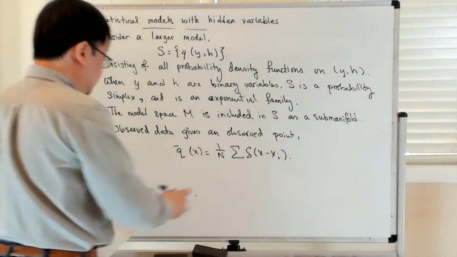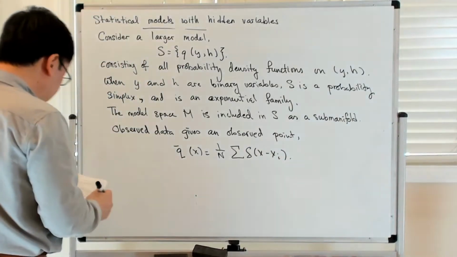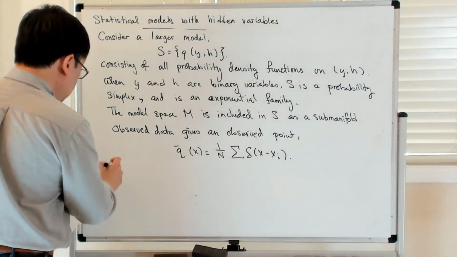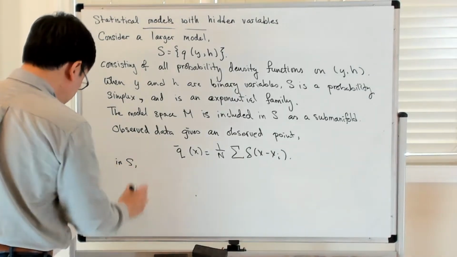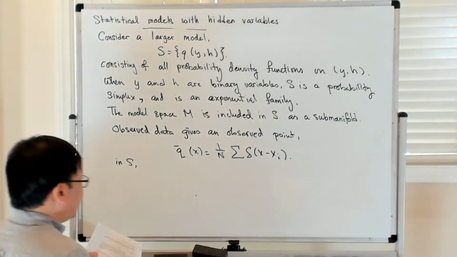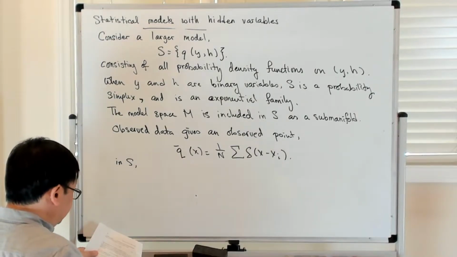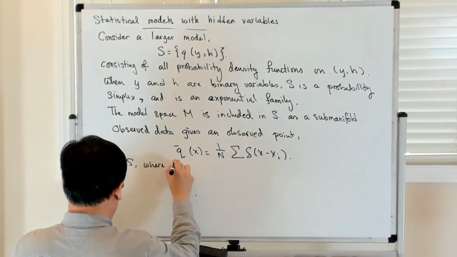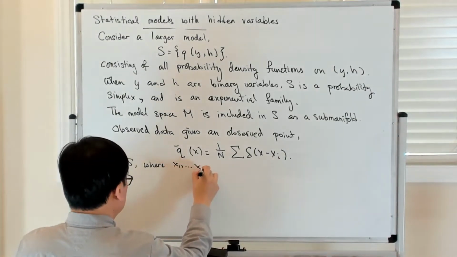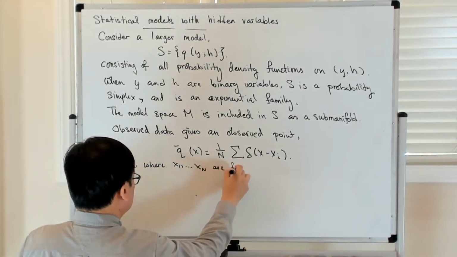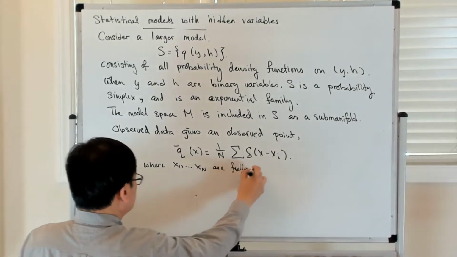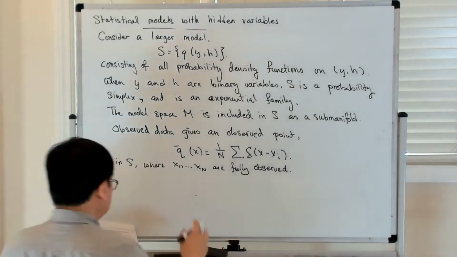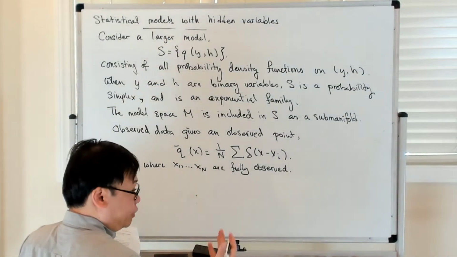So this is just a point in the probability simplex S, where for now we're assuming that S is fully observed, right? So this is really nothing more than what's called the empirical distribution.